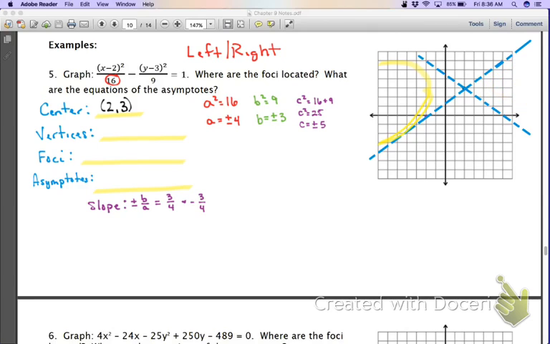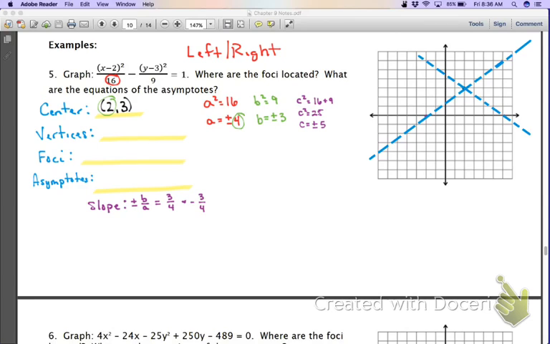So from there, it just becomes finding my vertices. My vertices are going to go left and right. So what do I need to add to the 2? I'm going to add 4 to both sides. Does that make sense? So what are my two vertex points?